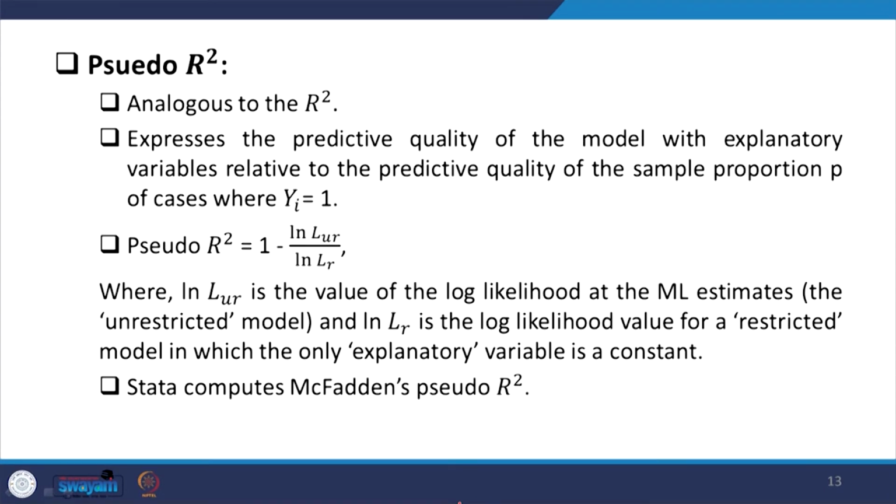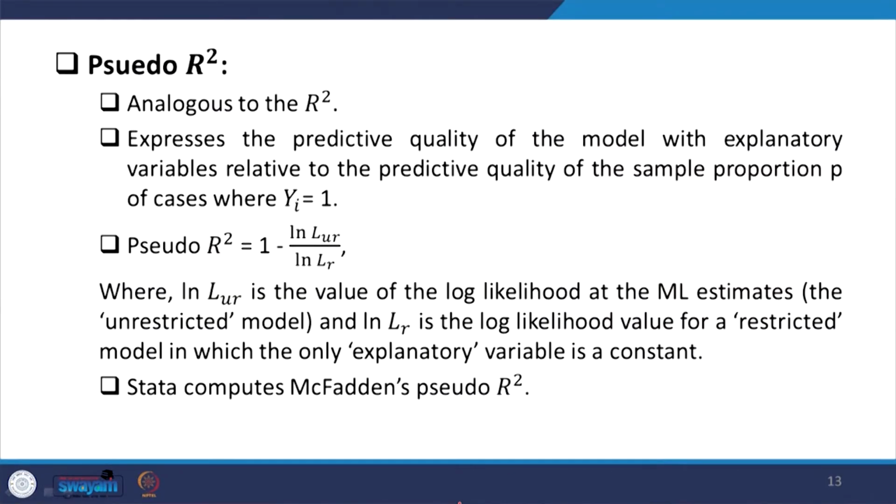Now, coming to the interpretation of R-square in the model, we specifically clarified in our previous lecture about pseudo R-square. Again, I am emphasizing that it is not similar to the R-square values we used to have in the continuous case or in the regression model, the normal or ordinary least squares method. But this pseudo R-square is analogous to the R-square we studied.